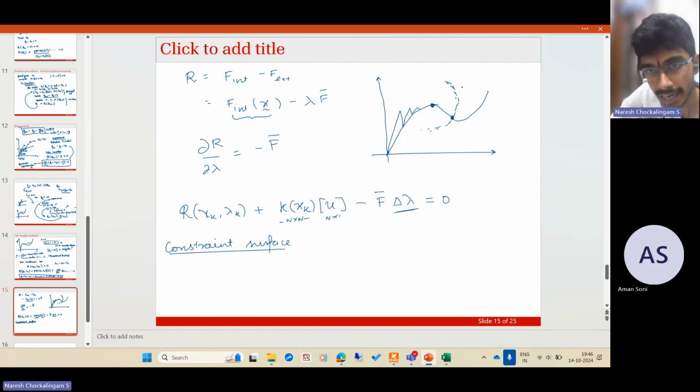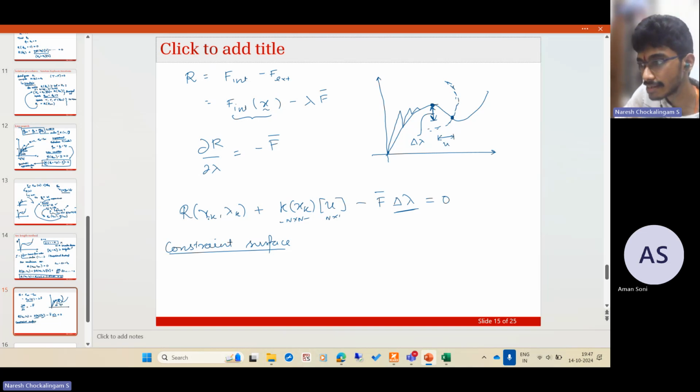So take a constraint surface. In this case, the load is actually decreasing. If you monotonically increase the load, we cannot get a converged solution here. But here we actually have a decrease in the load. So this is our delta lambda, and this is delta u, or this is u basically.